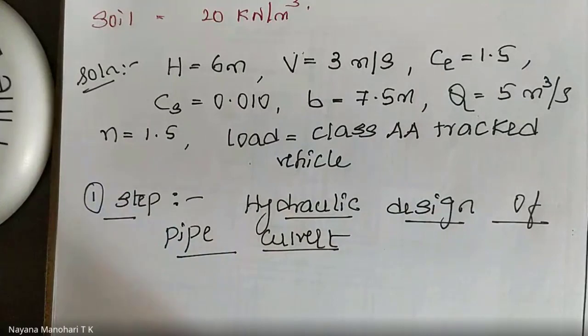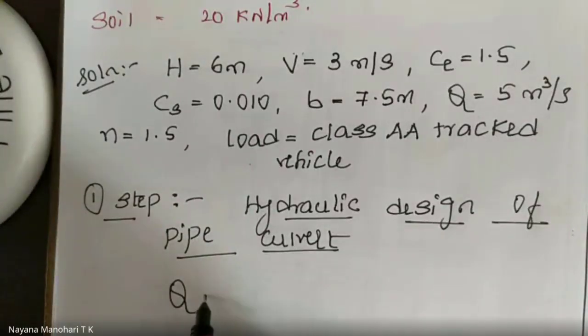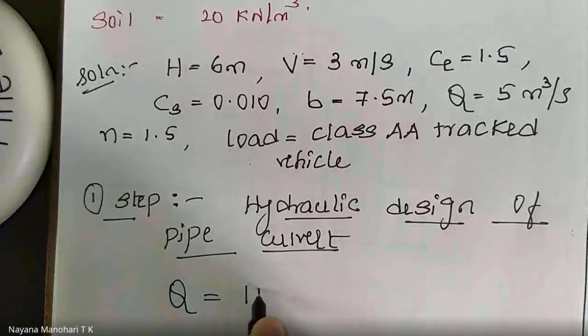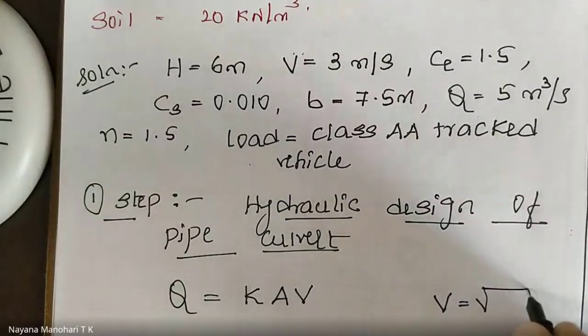In the hydraulic design of the pipe culvert, you know that the discharge through the pipe is given by Q equals K into A into V. V is nothing but square root of 2GH.